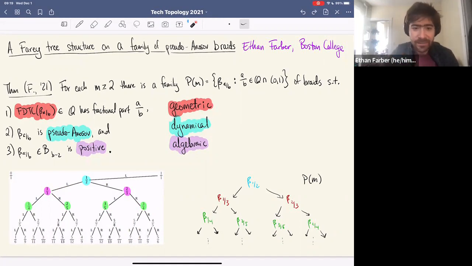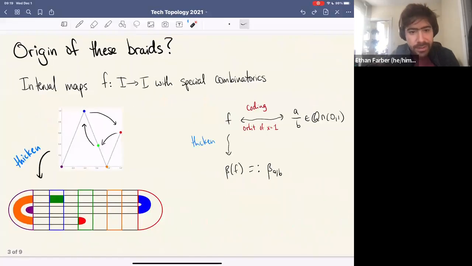But first, I really want to emphasize that this family P of m isn't just magicked up out of nowhere. It's really coming from a very particular construction. And that construction takes as input interval maps with very special combinatorics. The point of these special combinatorics is that we can thicken the interval into a disk, and special points on the interval will become the punctures of the disk.